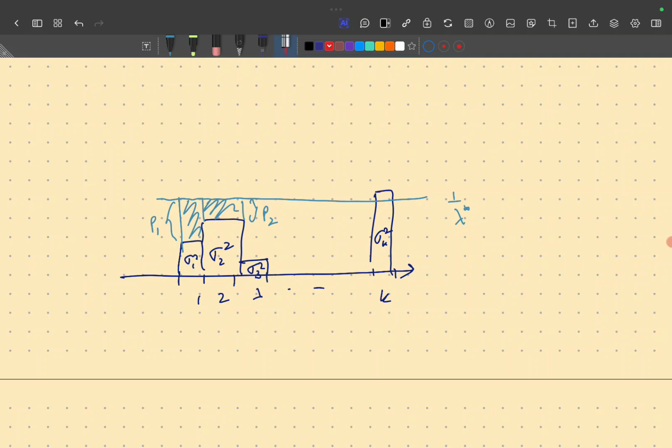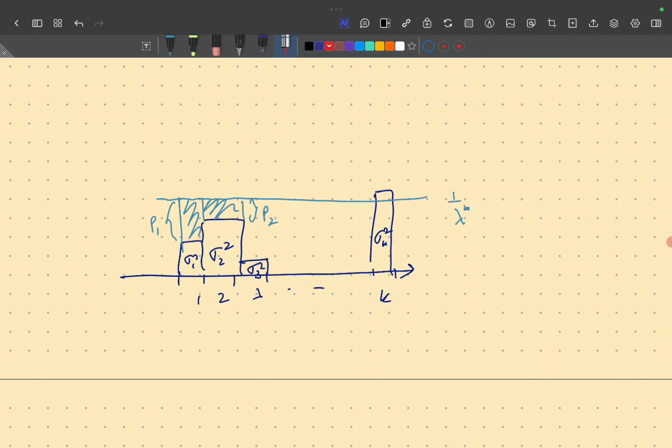So you can think of this as though you have a tank, all right, and you have a certain level of water, which is 1 by lambda star. And you have these steps, right, sigma 1 square, sigma 2 square, sigma 3 square, and so on.